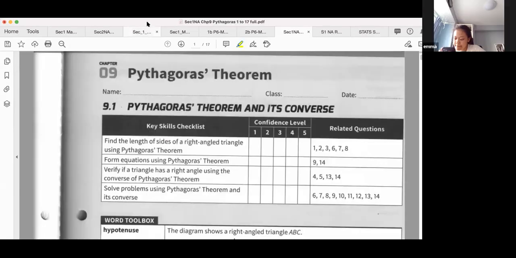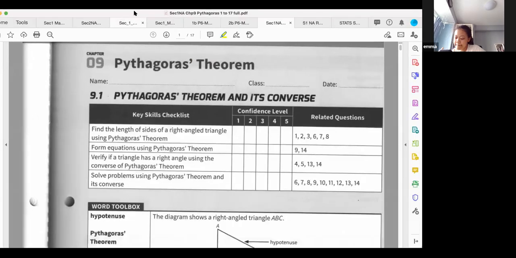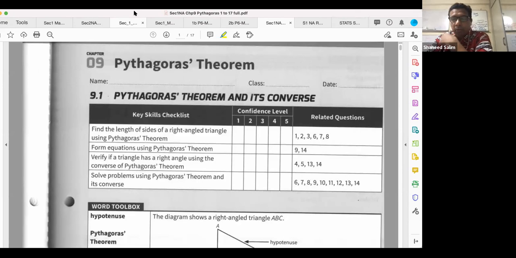Yeah. If you can't find it, it's okay, Emma. Then we go through this first. Oh, you already said.